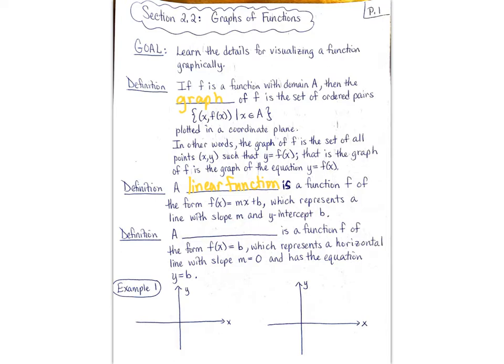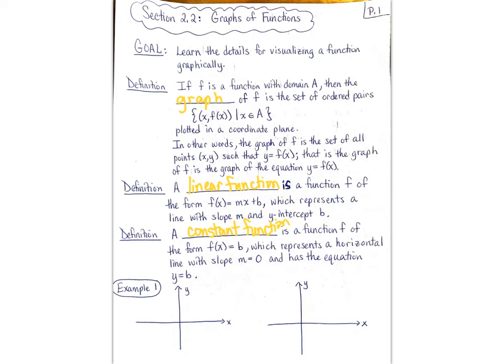A constant function is a function f of the form f of x equals b, which represents a horizontal line with slope m equals 0, and it has the equation y equals b.